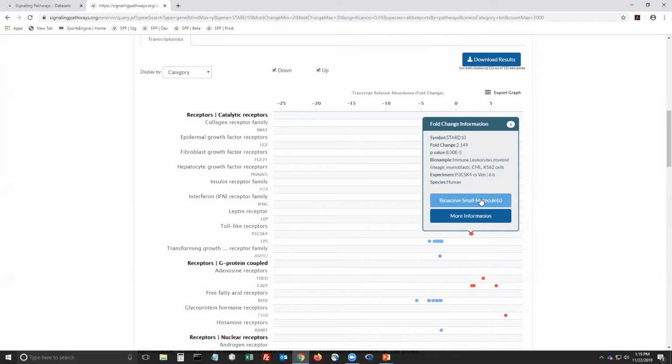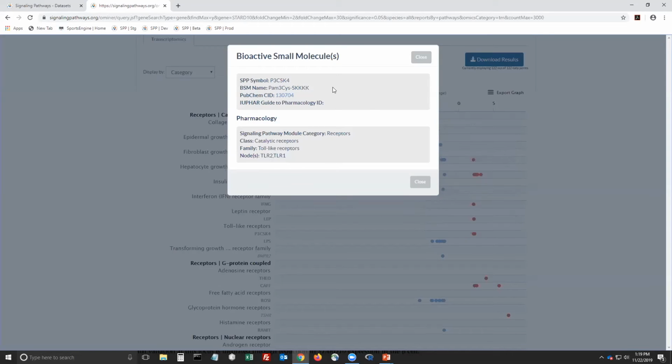We have links here to a bioactive small molecule, which gives you a link directly to PubChem. So you can find out exactly what P3CSK4 is if you're not already familiar with that molecule, and you can see from its pharmacology that it is a TLR2 and TLR1 receptor agonist.